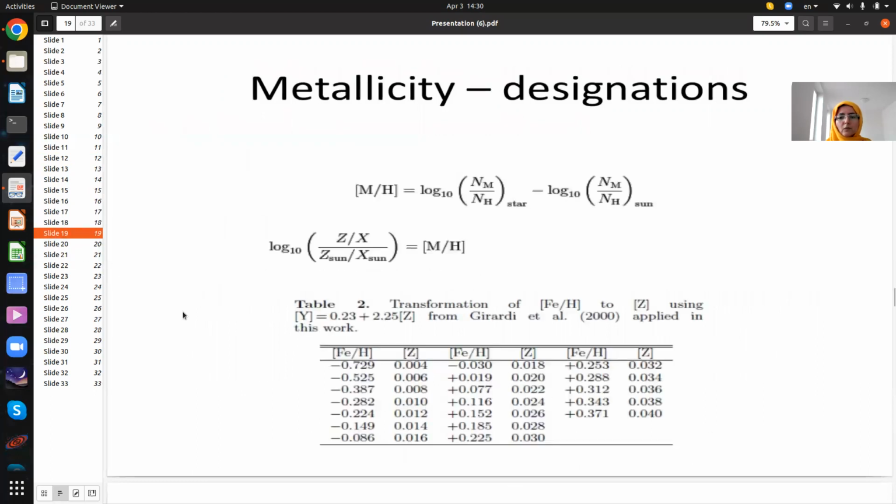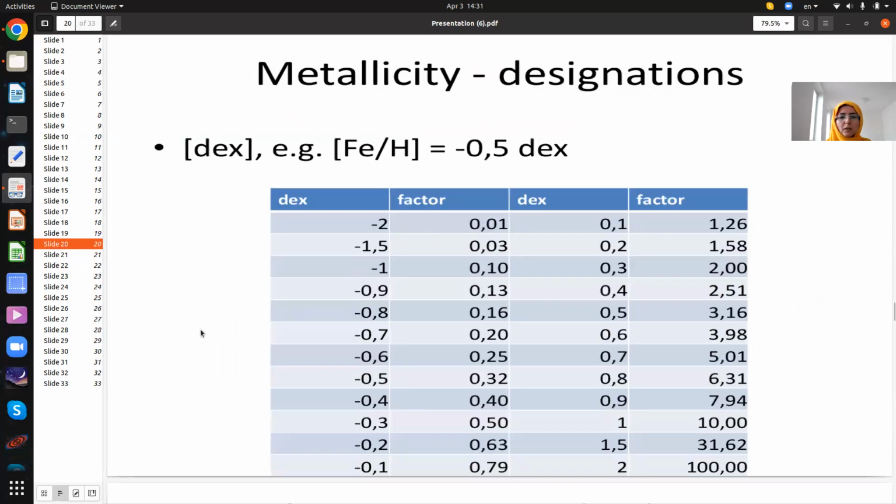Also here, transformation of iron over hydrogen to Z or the rest using Y equal to 0.23 plus 2.25 Z from Girardi et al., applied in this work. And here you can change the logarithmic to linear.